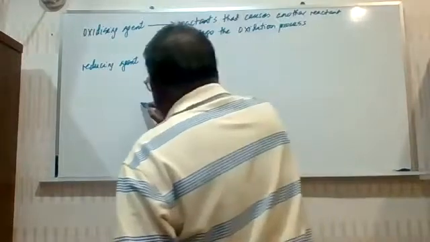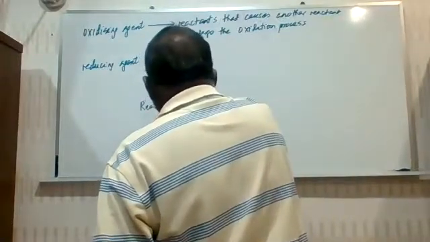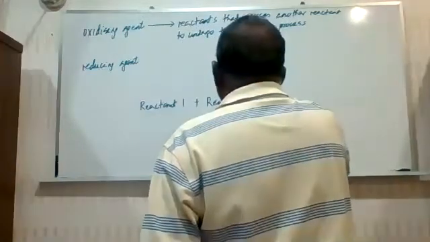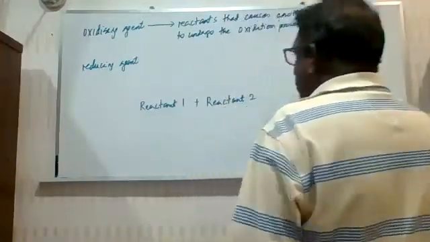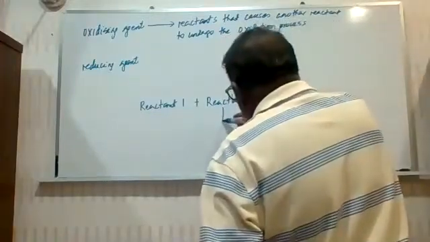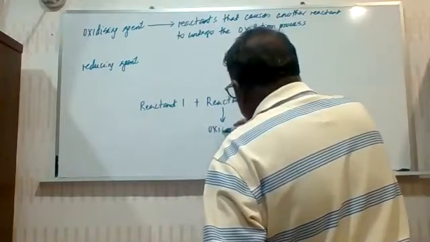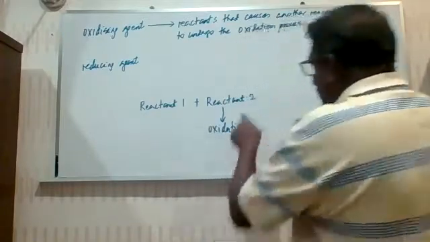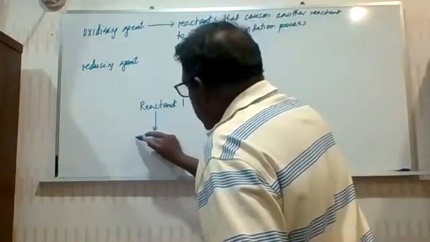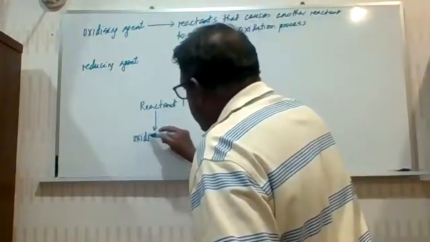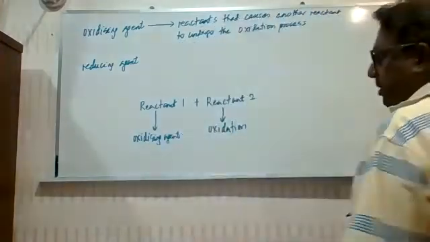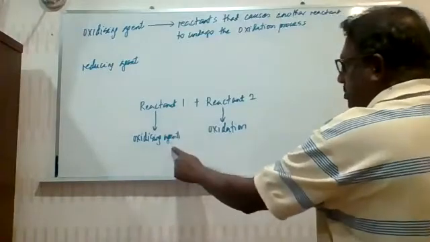So let me capture that idea here. You have reactant 1 and you have reactant 2. Reactant 1 causes reactant 2 to undergo oxidation. That means reactant 2 undergoes oxidation. So if reactant 2 undergoes oxidation, what do you call reactant 1? We call reactant 1 the oxidizing agent. Why?